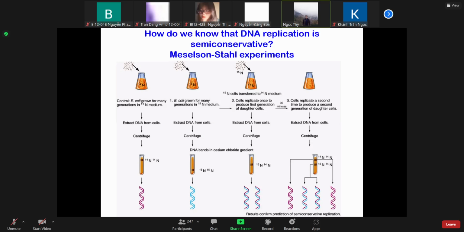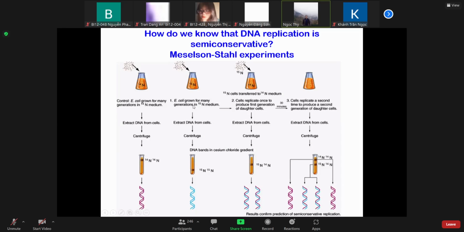In the control, they grew the E. coli in N14. When they extracted the DNA, they found that both DNA strands are composed of N14.